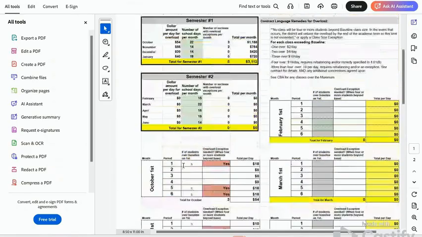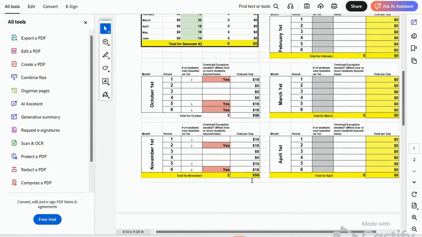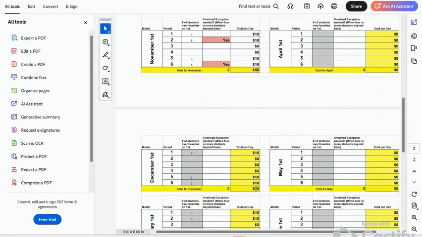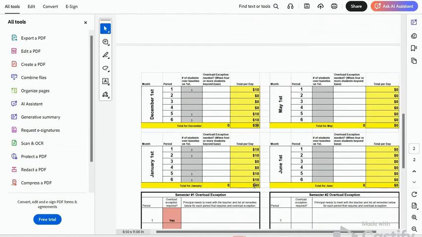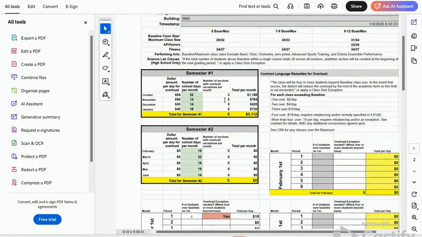The other thing that you'll notice is up here, it does the math per day. In October, this teacher qualified for $54. In November, $56. In December, only $30. And in January, they qualified for $40. So when you go up here, it's $54 a day times 22 days, 56 times 14, 30 times 14, 40 times 18.